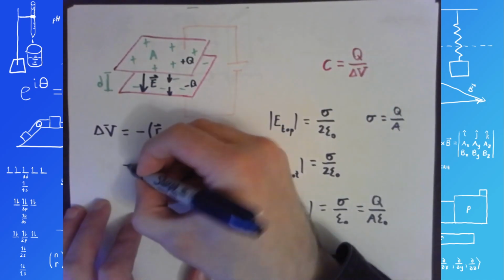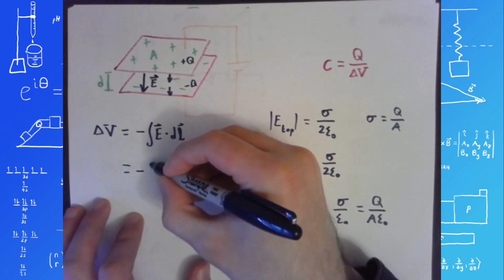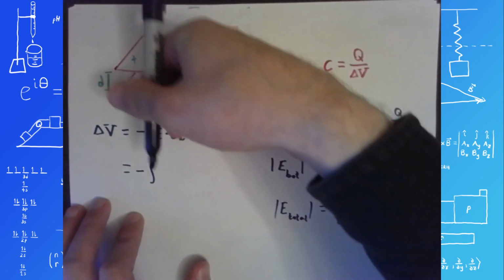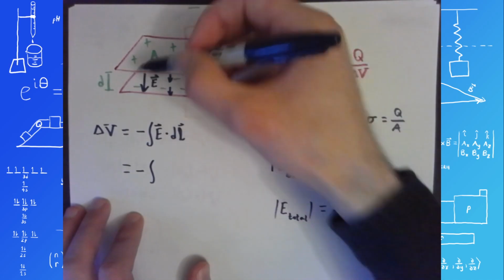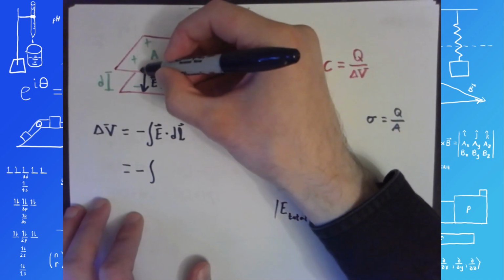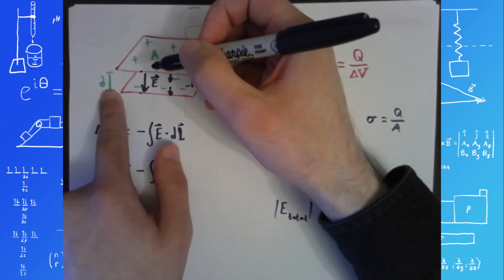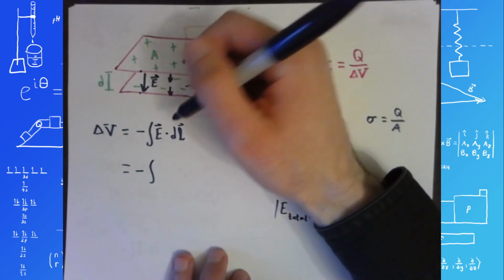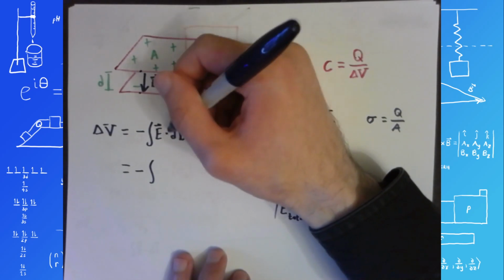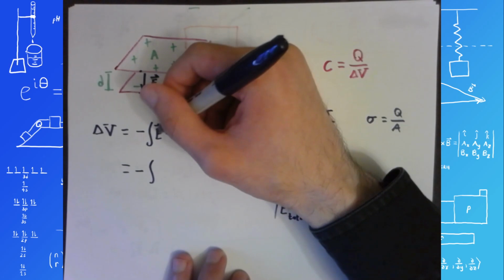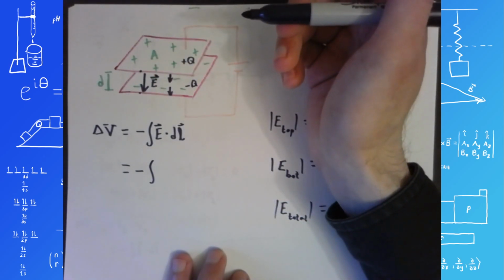So the negative integral of E dot dl becomes the negative integral of, well, E is down, and we're integrating from L equals 0 to L equals D, right? The distance between those two plates, we're just integrating in a straight line. So the dot product just becomes a regular product. You're just multiplying the two quantities and the cosine of 0.